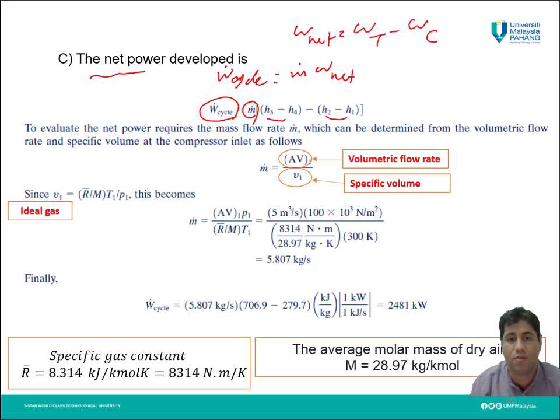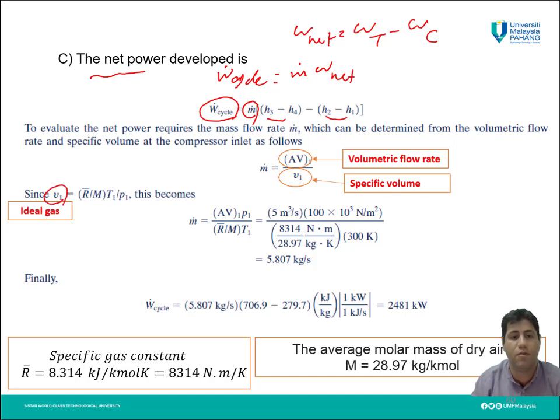Simply we can use this equation: m dot equals the volumetric flow rate divided by the specific volume. But as you know, the specific volume differs from state to state. So it is the volumetric flow rate at state 1 divided by the specific volume at state 1, or V1.